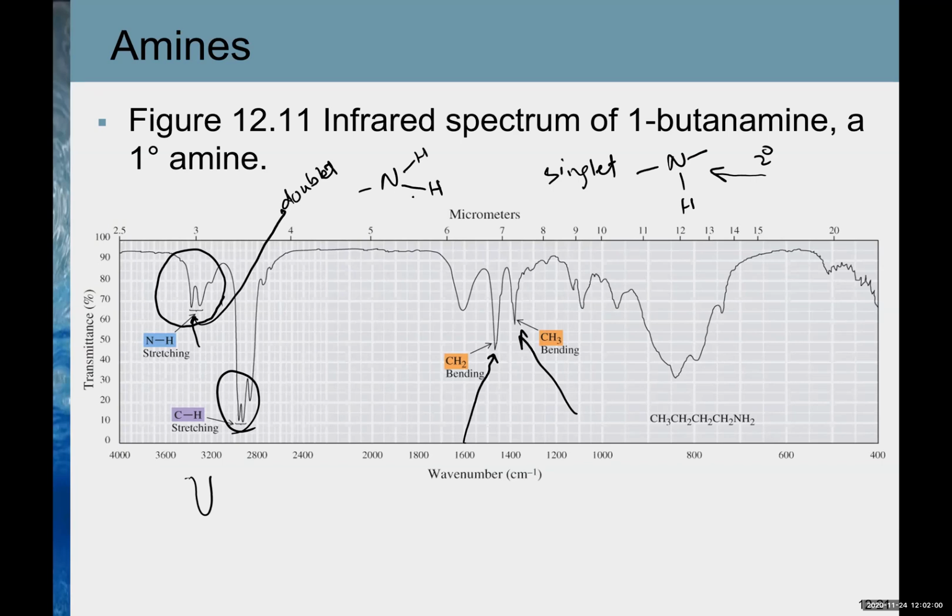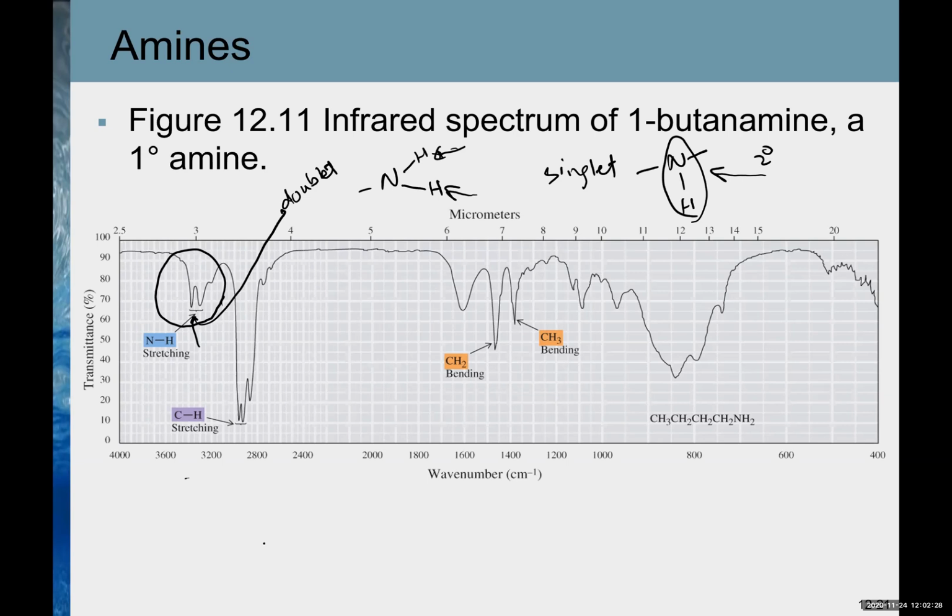Any guesses why doublet in primary and singlet in secondary? If you're thinking that in primary there are two NH bonds and that's why we get a doublet, and in secondary there is only one NH bond, that's why we get a singlet, that is not correct.